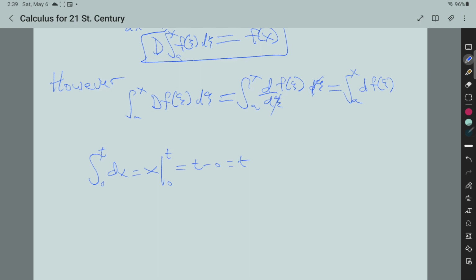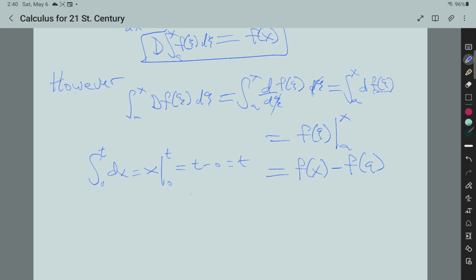So think of this f of c as like this x here. So the integral here would become f of c, and then the limit of integration is x. By this I mean you plug x into the c, so you have f of x minus f of a.